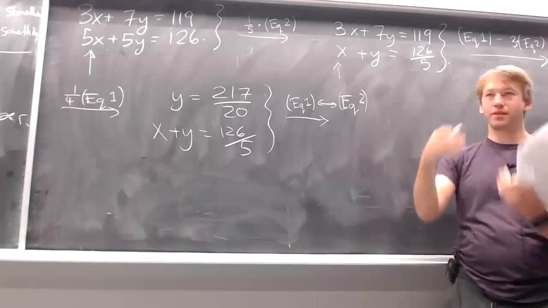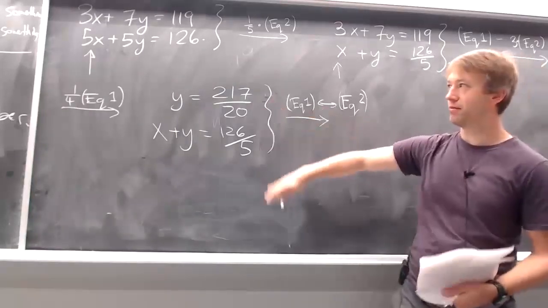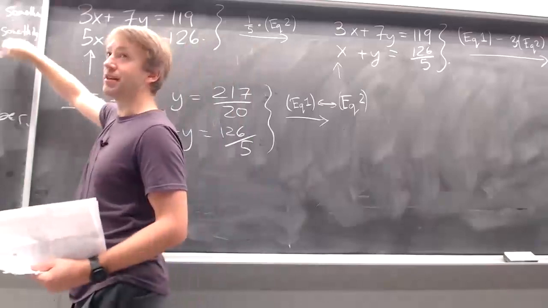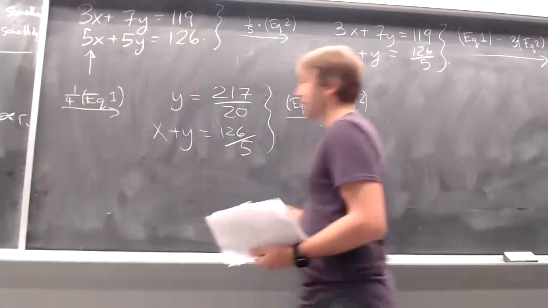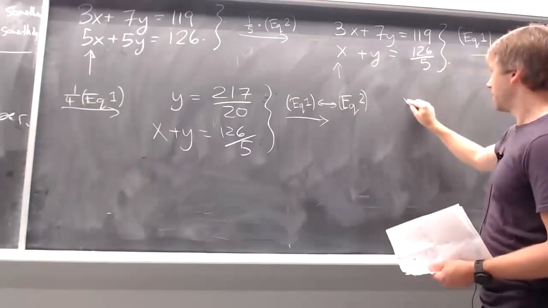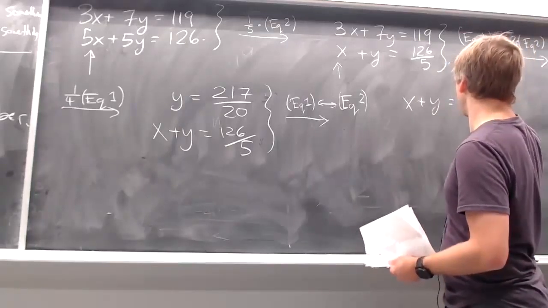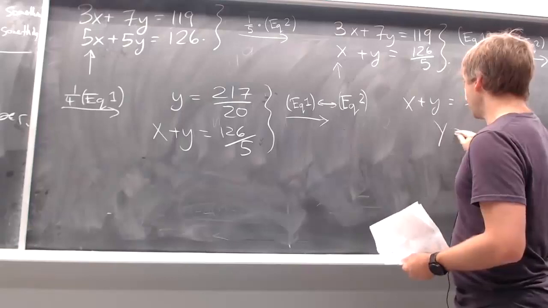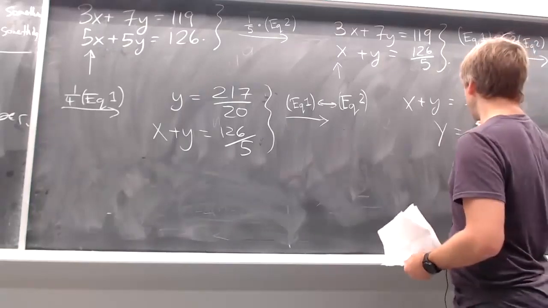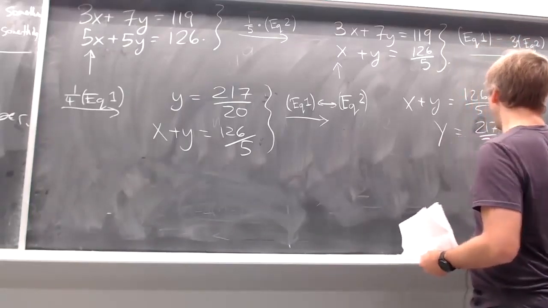I'm just swapping them to get this one on the bottom, because that's what I said I was going to do. So x plus y is 126 over 5. y is equal to 217 over 20.